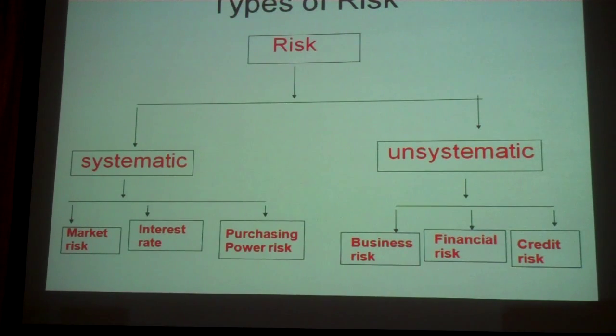Inflation. What do you mean by inflation? Purchasing power of money is called inflation. What is the definition of inflation? Purchasing power of money. If inflation has come down, purchasing power of money has gone up. If inflation has gone up, purchasing power of money has come down.